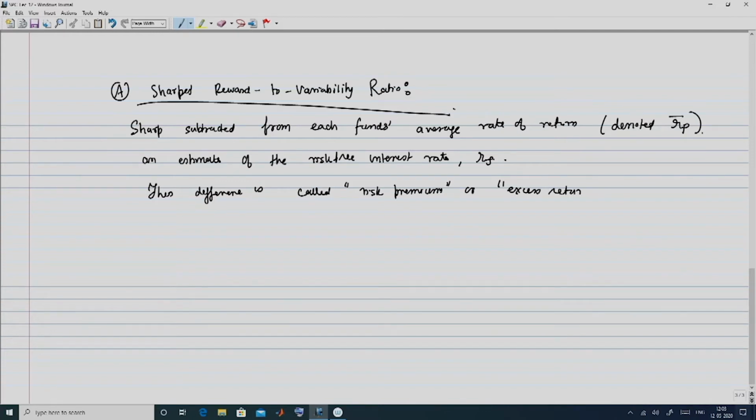excess return. So, as already highlighted, this difference of the expected return on the portfolio, which is actually a risky portfolio, as compared to a risk free return that you would have gone by just investing in a completely risk free bond such as a government bond.